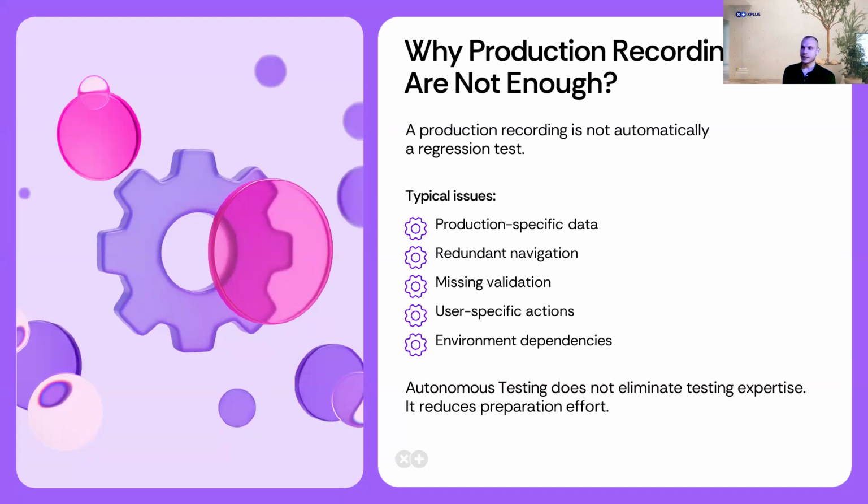So in this case, this kind of user-specific actions very often need to be removed or changed in the test case, so they won't break execution of the test case. And of course, for test automation, we want repeatable test cases. Yeah, so some user-specific actions, user-specific steps may break the repeatability of the test cases.